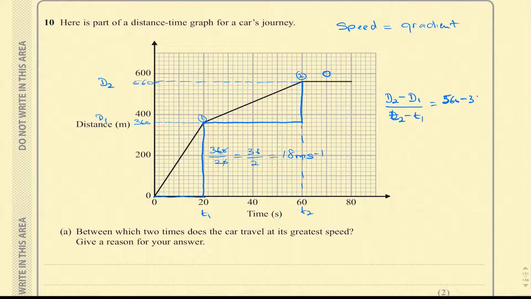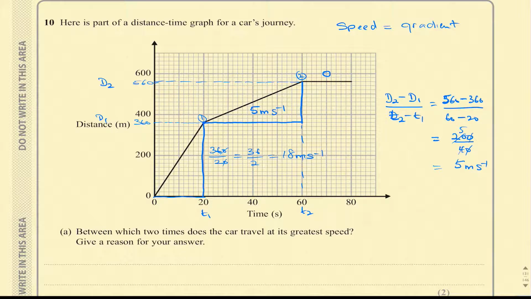If I put that in, I'll get 560 minus 360 over 60 minus 20. 560 minus 360 is 200, over 60 minus 20, which is 40. So the 0 cancels 0, and 4 into 20 is 5. So that will be 5 meters per second for that speed.